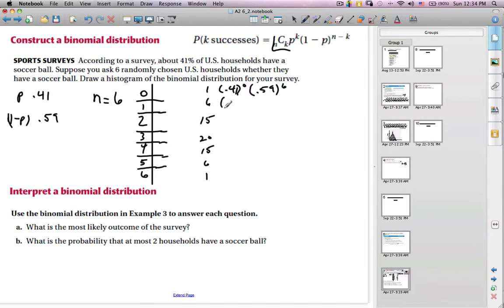Right? And we're going to go through here, and what's going to change is these powers. So here will be 1, and this one will be 5.